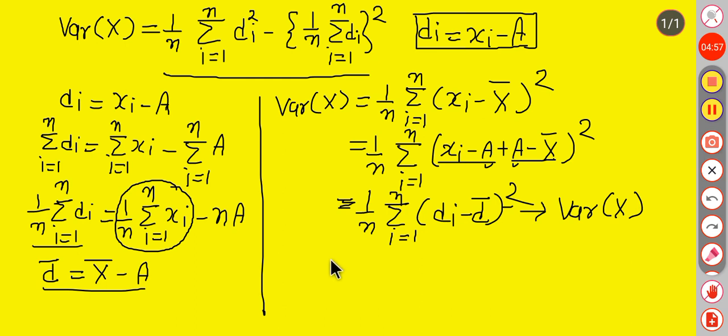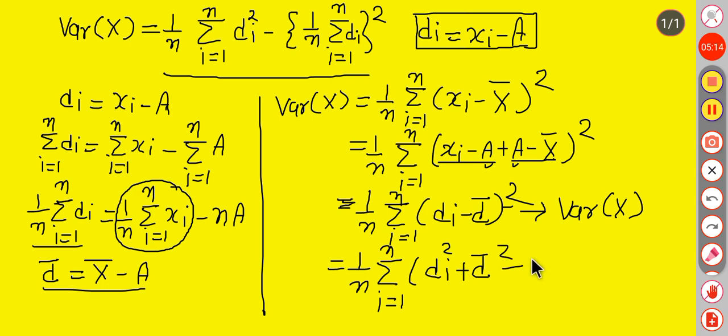Now let us expand it. So 1 upon n summation over i from 1 to n of di whole square plus d bar whole square minus 2 di d bar. Here we have 2 di d bar, and we need to prove this one.